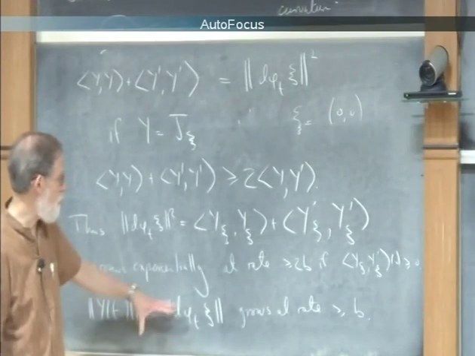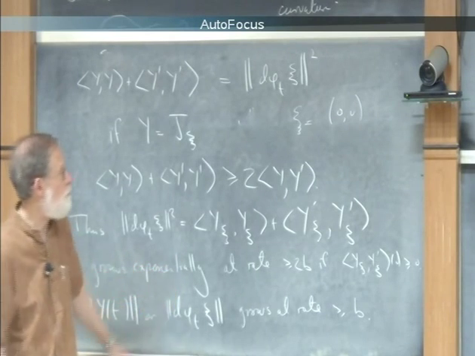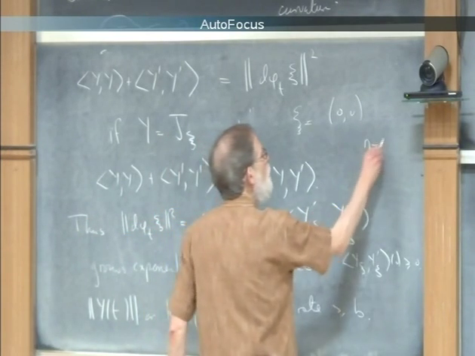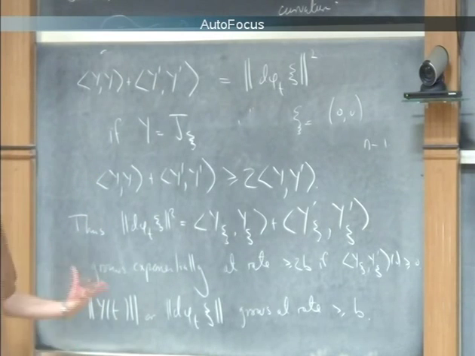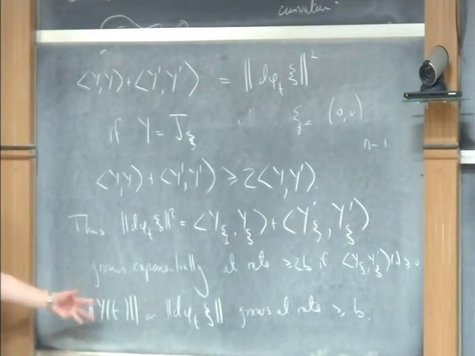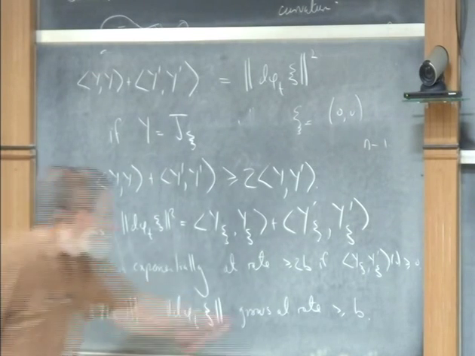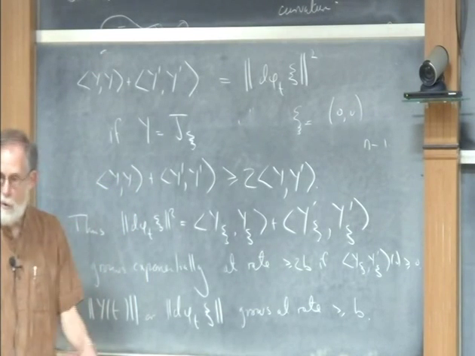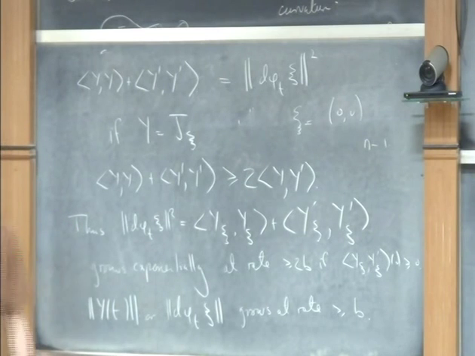So there's going to be a space of dimension n minus 1 of Jacobi fields that grow exponentially with rate at least b. So we get lots of exponential growth things.